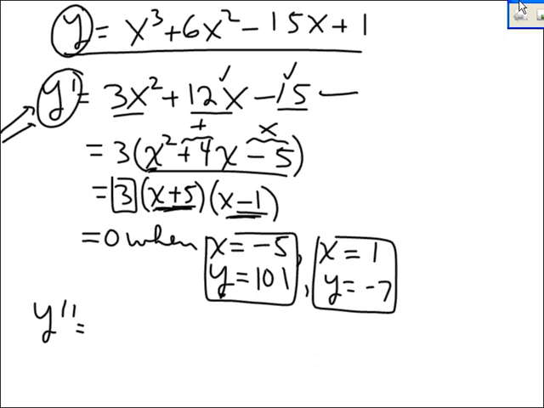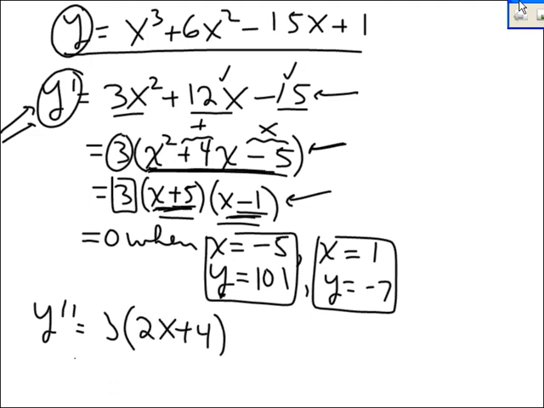Okay. Now we need to compute the second derivative. And we have 3 different equations to pick from to take the derivative. I don't like the last one because it's a product. We'd have to use the product rule. But the middle one is nice. The 3 just stays out there, times the derivative of x squared plus 4x minus 5, which is 2x plus 4.